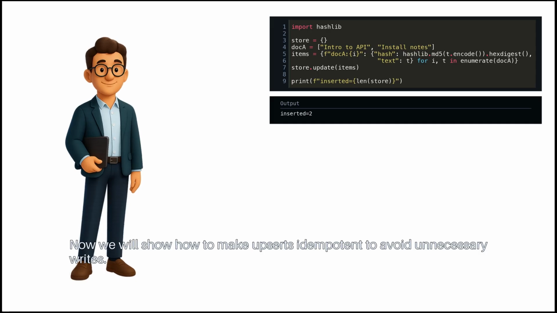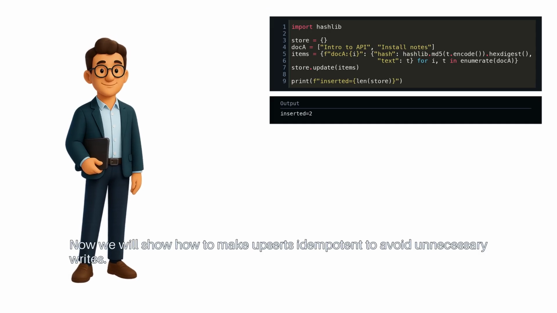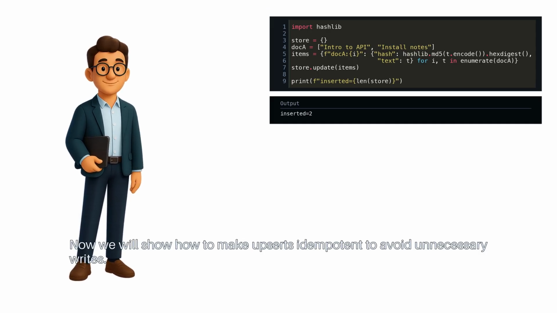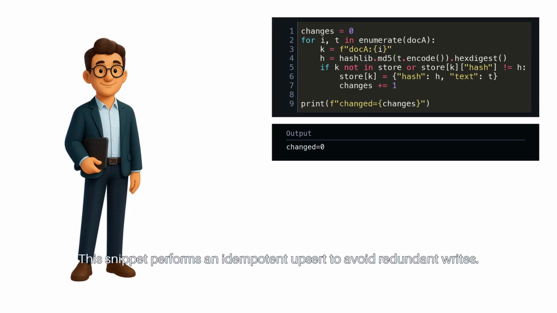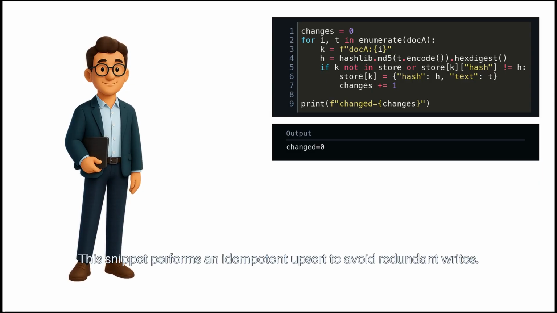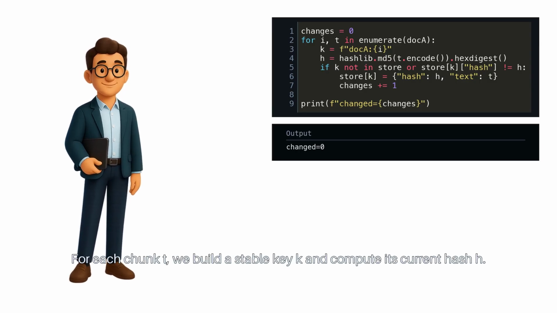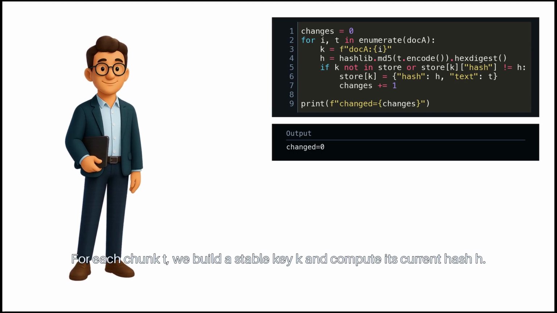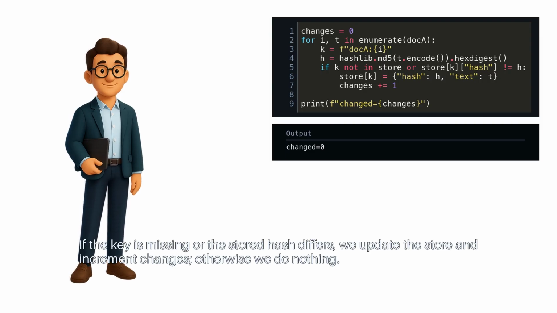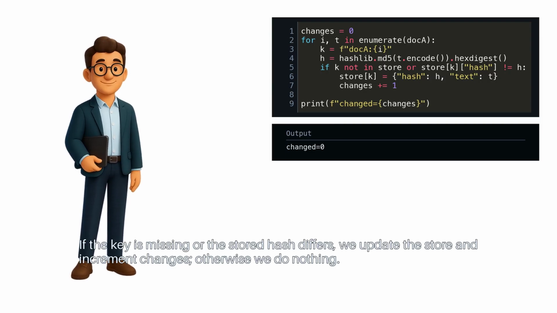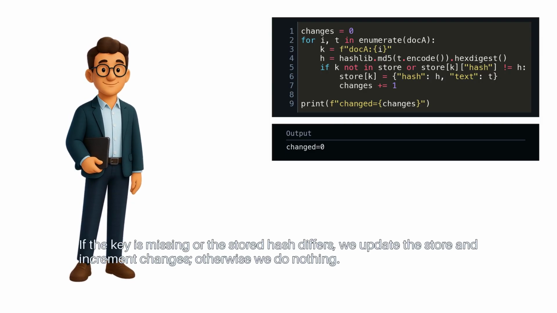Now we will show how to make upserts idempotent to avoid unnecessary writes. This snippet performs an idempotent upsert to avoid redundant writes. The variable changes counts how many records are written. For each chunk T, we build a stable key K and compute its current hash, H. If the key is missing or the stored hash differs, we update the store and increment changes.